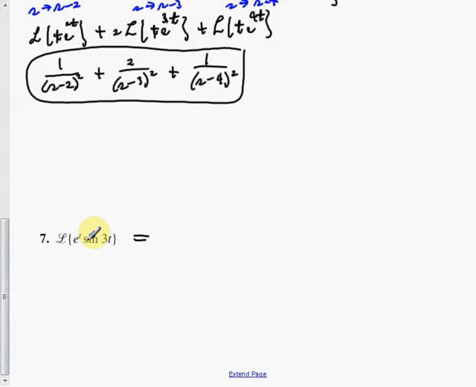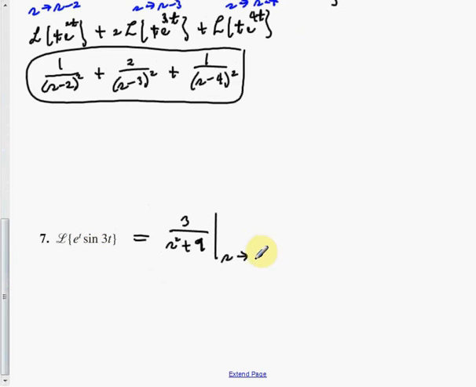Well, we know that the Laplace transform of sine kt is k over s squared plus k squared. Here k is 3. So this is 3 all over s squared plus 9. But the s is shifting from s to s minus 1. This is e raised to the 1t.